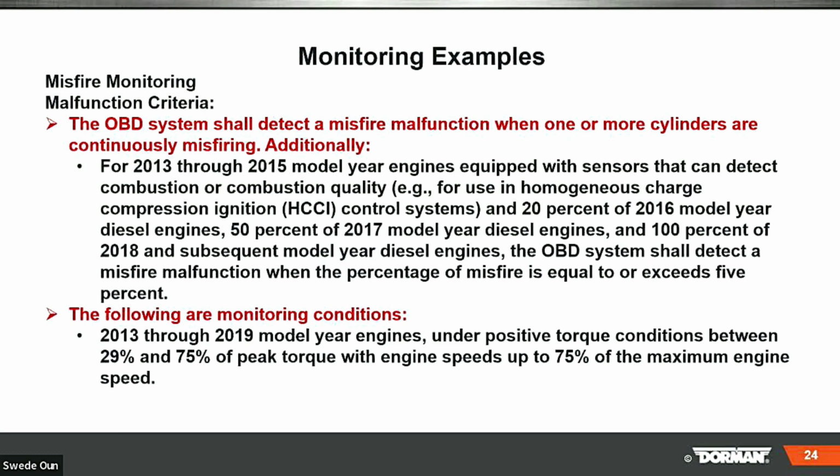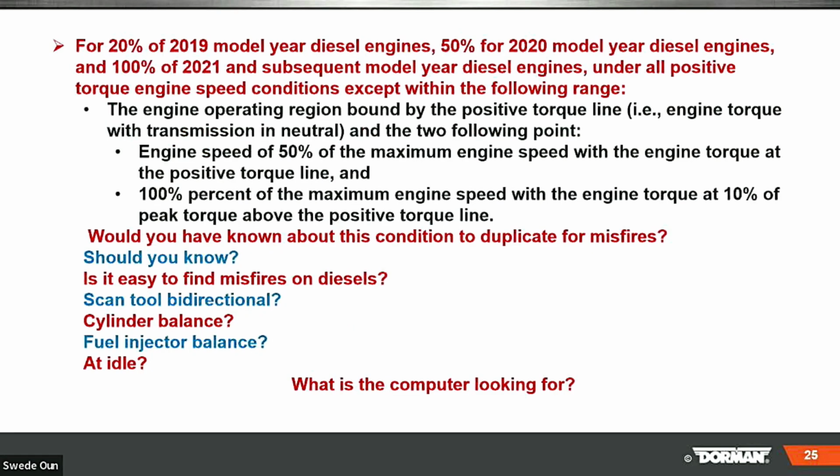If that vehicle's sitting there at idle, are you going to get any misfires? No. This information tells you that you need to go out there, get a little bit of load on, get some speed up, and so on, and so on. Oh, now I see the misfire came on. You can sit there all day long at idle. So you need to know that kind of information.